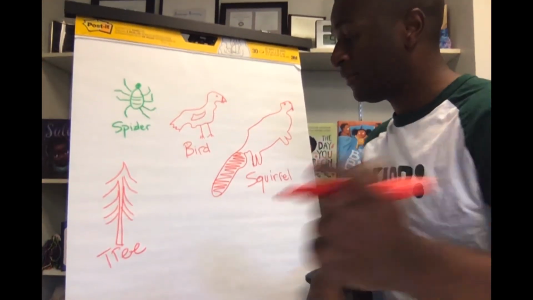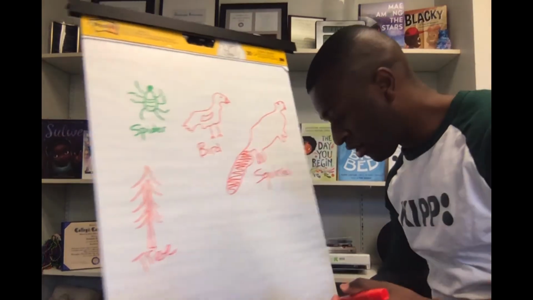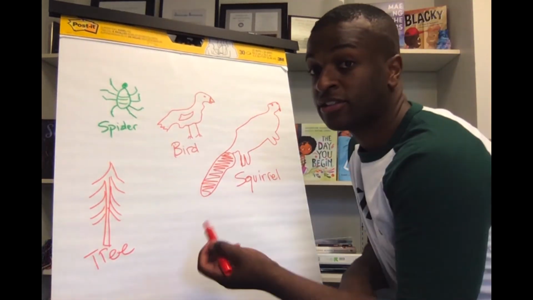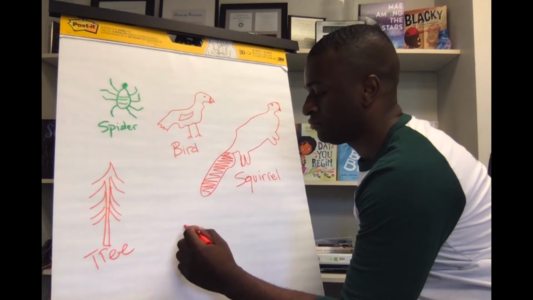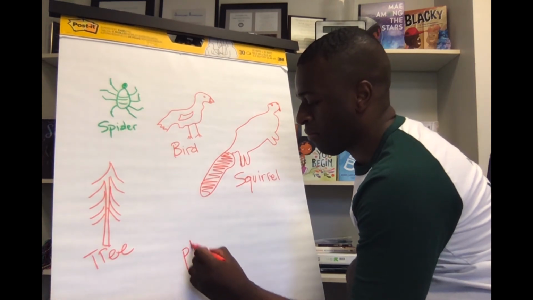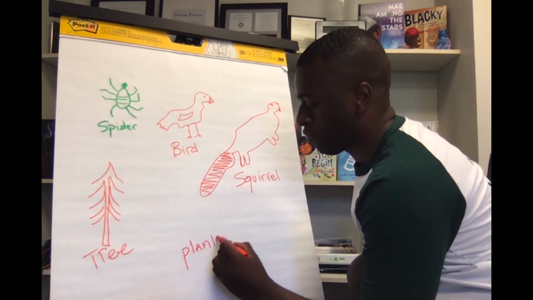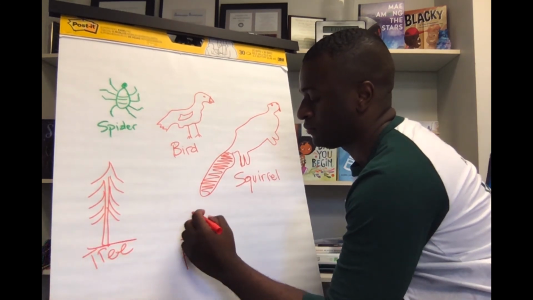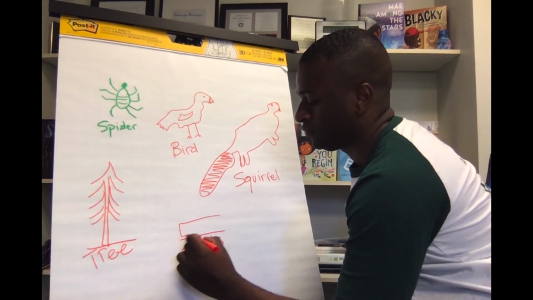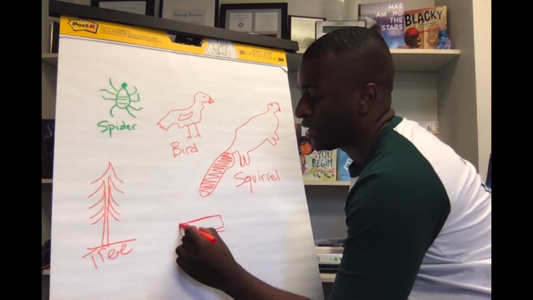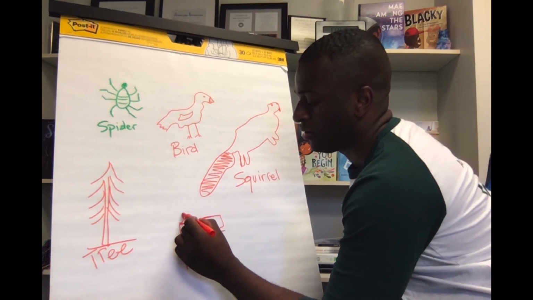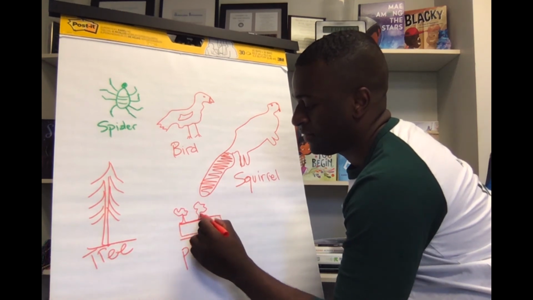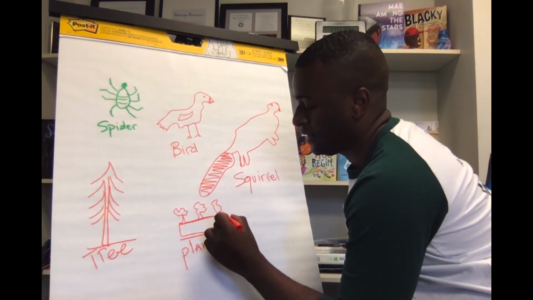We also have plants that aren't trees, and they're smaller. They look like this. They're in a box, and they grow out of here. They have leaves, and leaves, and leaves.